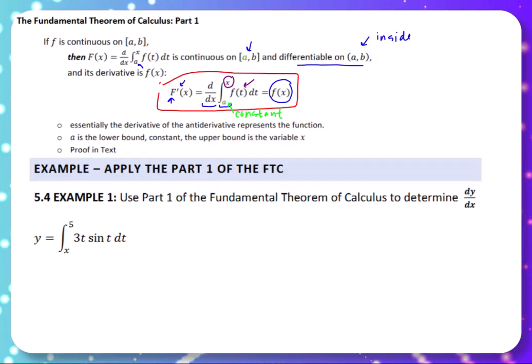And again, a, the lower bound, is constant. The upper bound needs to be a variable, and that variable could change. And really all we're saying is the derivative of the antiderivative, capital F, represents the original function. So let's look at what we have here.